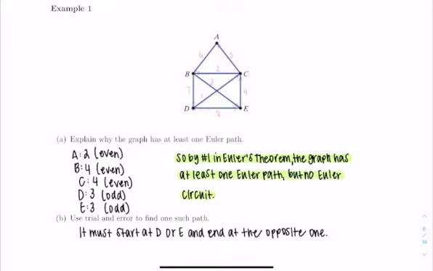So let's go ahead and start with D. This is just going to be by trial and error here, but the goal is to hit every edge once and only once. So starting at D and ending at E, I am first going to move to C.